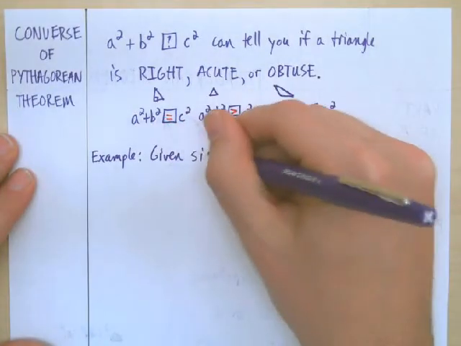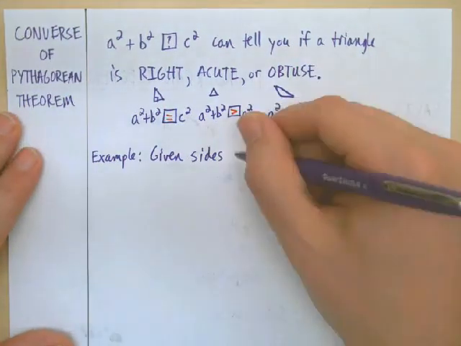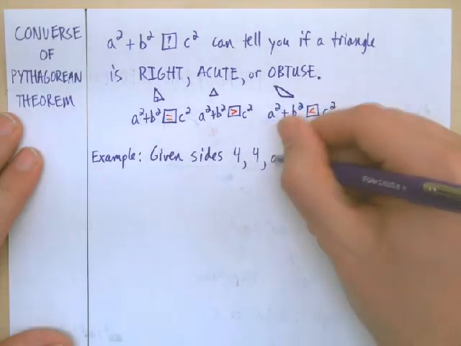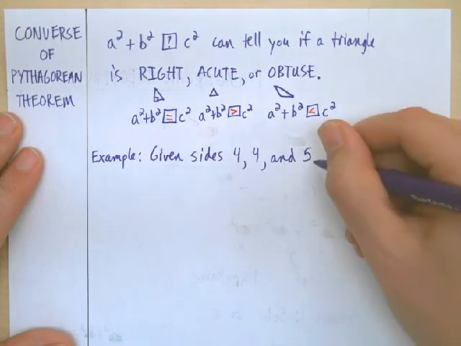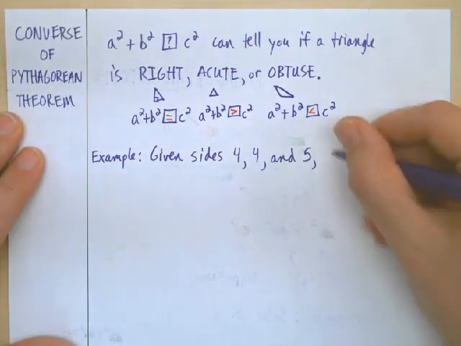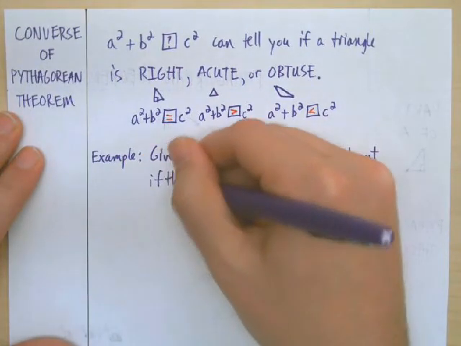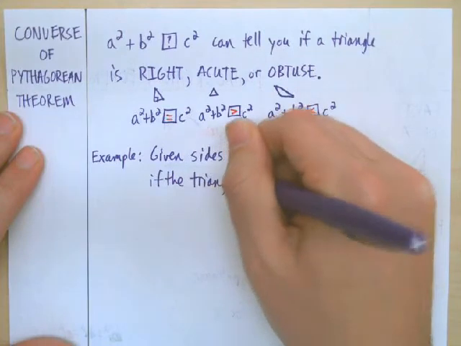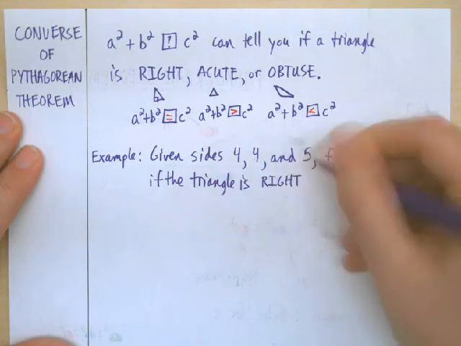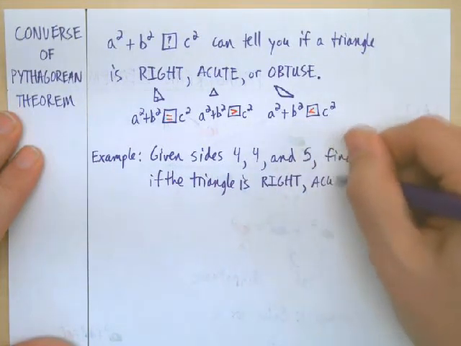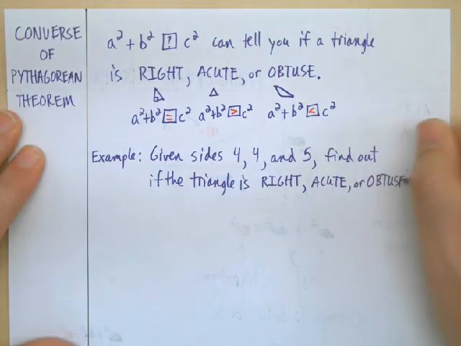Given sides 4, 4, and 5, find out if the triangle is right, acute, or obtuse.